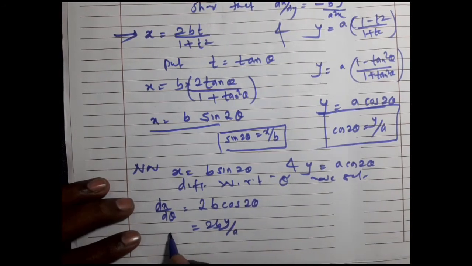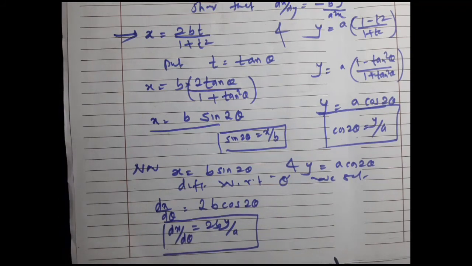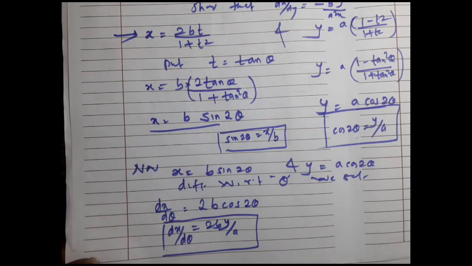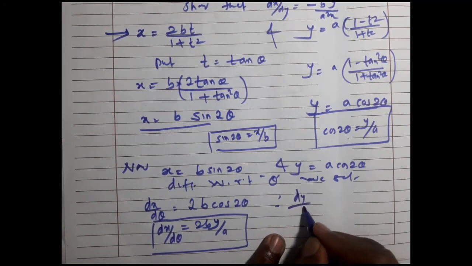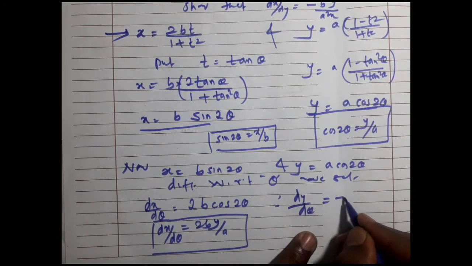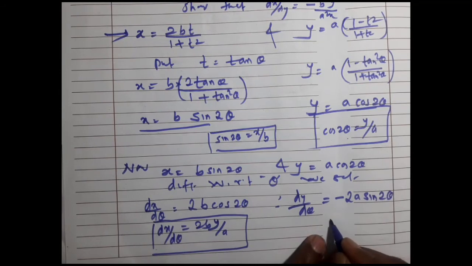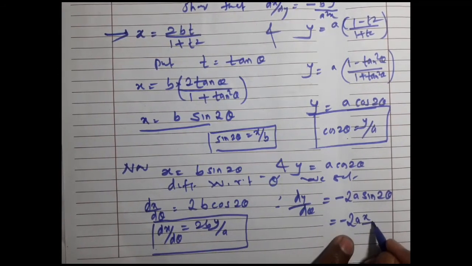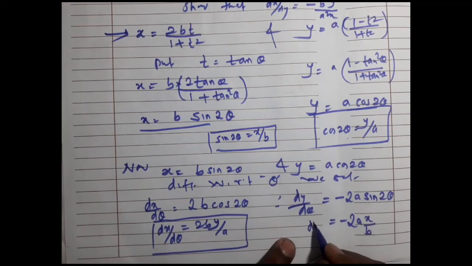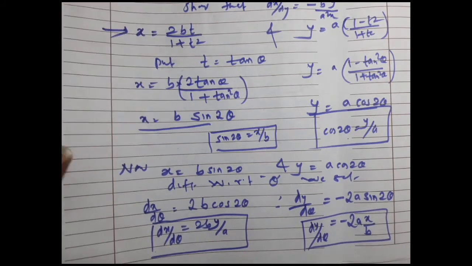It is y upon a, because in the required proof there is the form of y and x. Similarly here, dy by d theta is minus 2a sine 2 theta. So minus 2a, what is sine 2 theta? x upon b, dy by d theta.